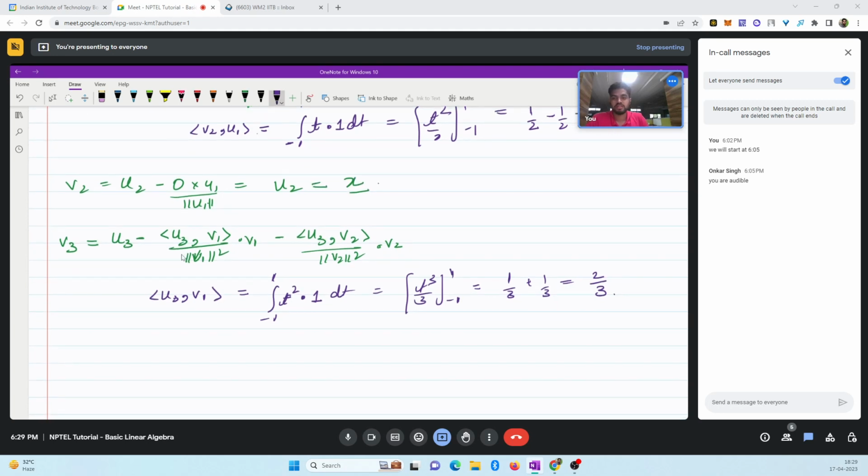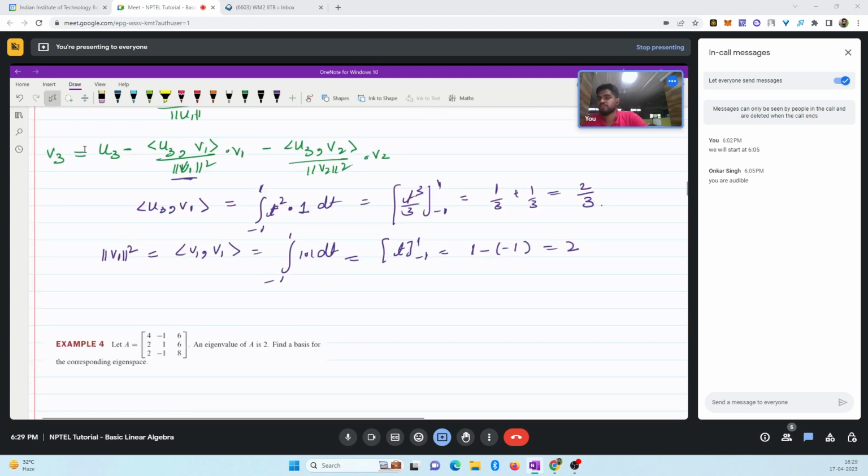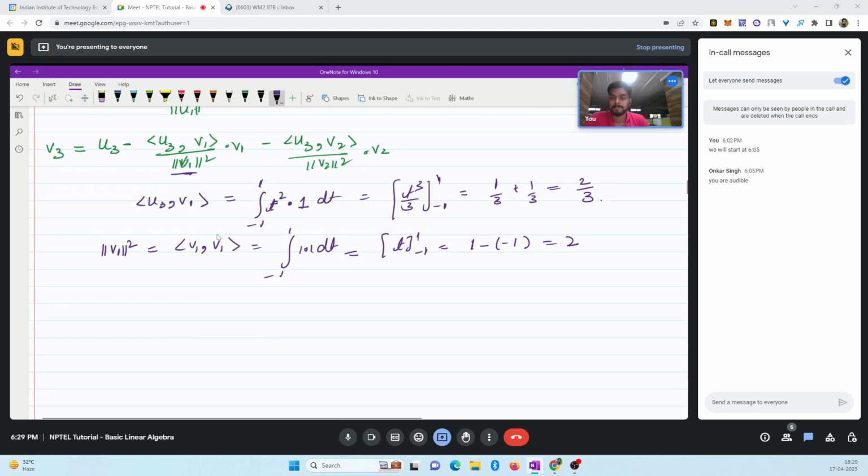Let's calculate this quantity also, that is V1 square, the inner product of V1 with V1. V1 is just 1, so this is the integral of 1 dt from -1 to 1, which is t from 1 to -1. So this is 1 minus of -1, which is 2. If I make any calculation mistake, please let me know. So we are done with the first term that we need to evaluate.